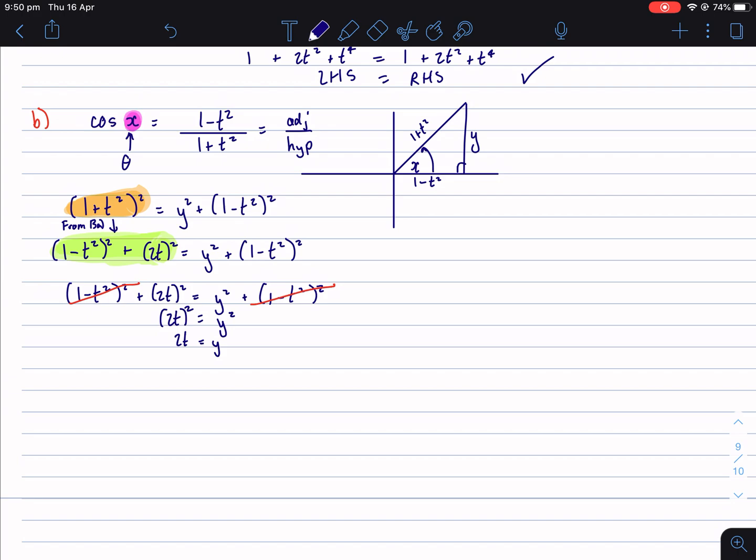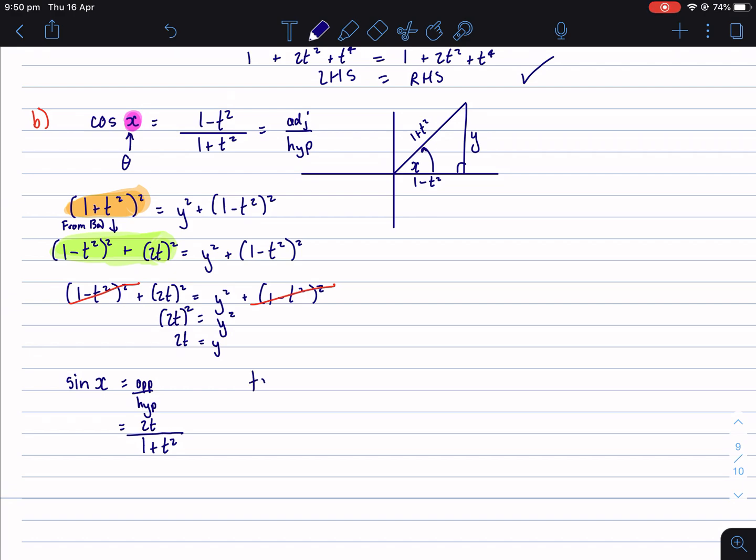So now finally we can find sine and tan, because sine, I hate the fact that they've used x not theta, it's opposite over hypotenuse, which gives us y, which was 2t. And the hypotenuse was 1 plus t squared.